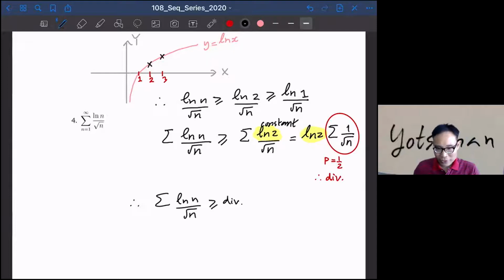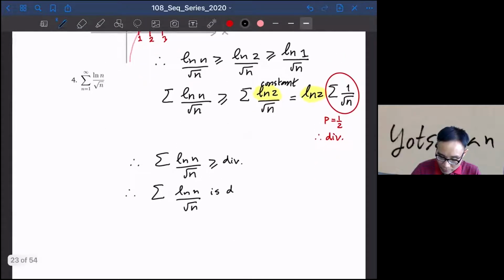This is the thing that you may write down: log n over root n higher than divergent. So you get the series log n over root n is divergent by the comparison test.